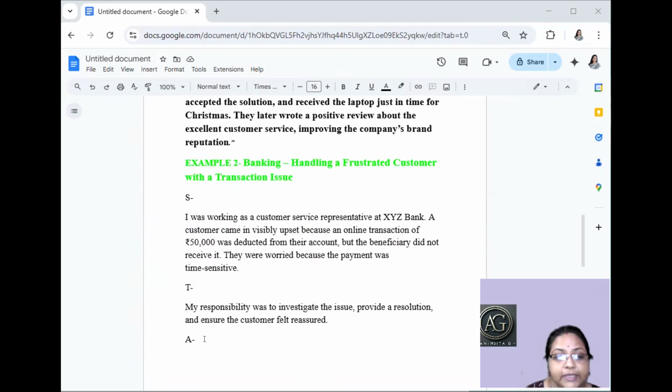So you can say listened. So I'm not writing in sentences. Active listening again here. Active and patient listening. Checking the bank logs.